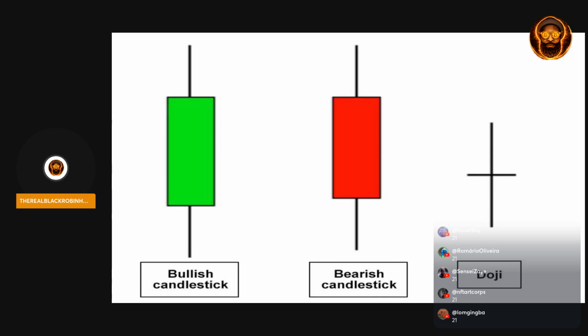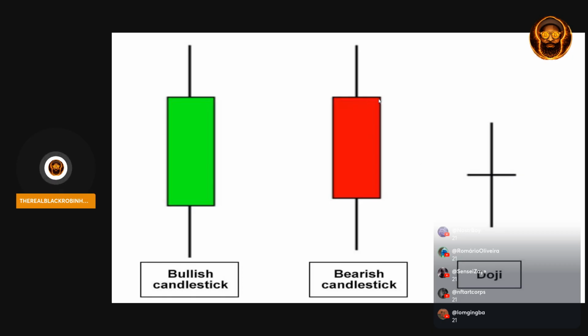But when the 1 hour was up, let's say it opened at 10 o'clock, by 11 o'clock it closed back at $10, which means it didn't go anywhere. It went up, it went down, but it closed at the same price it opened at. So it doesn't have a body.